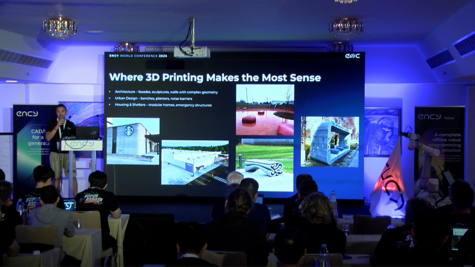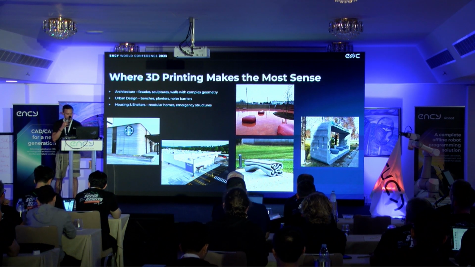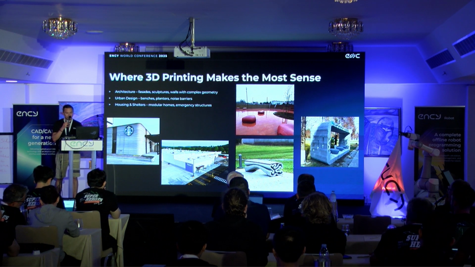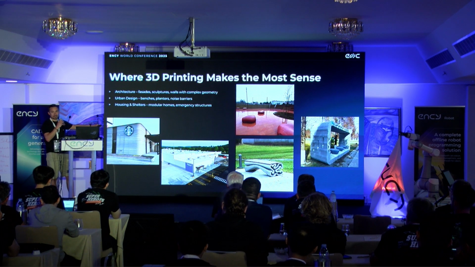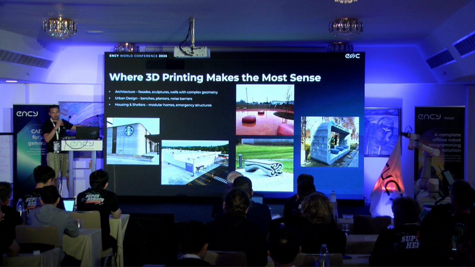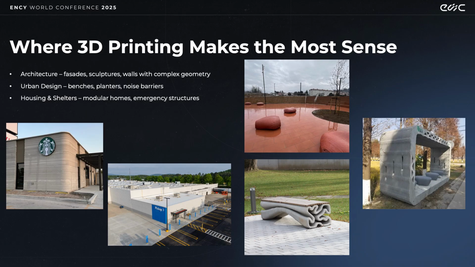Here are some examples of what we can do with 3D printing. As I said before, there are buildings. Maybe you heard about the Starbucks coffee shop in the US.